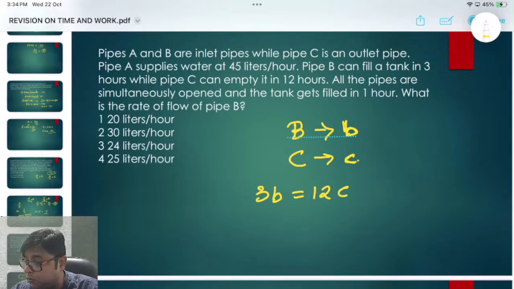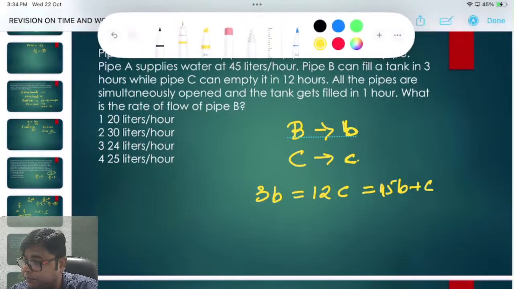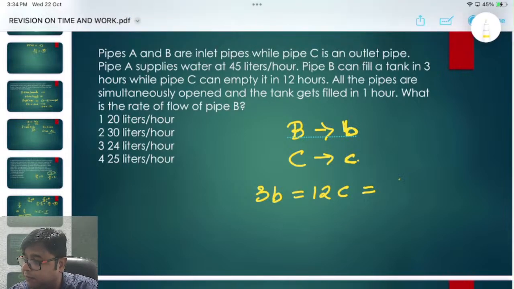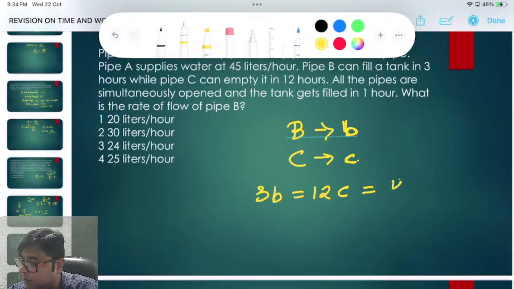And this is also equal to, because when all three are working together, what happens in 1 hour? Sorry, 45 plus B minus C, right, 45 plus B because these are two inlet pipes and C is an outlet pipe, into 1.